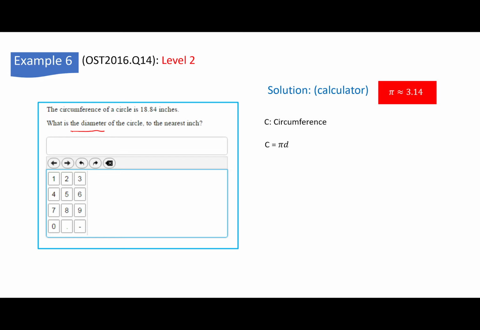So the circumference is given: 18.84 equals 3.14 D. Now you divide both sides by 3.14. You get D equals 6 inches. There's no rounding here if you do it this way. If you use a different value, more than 3.14, then you might have to round your answer.